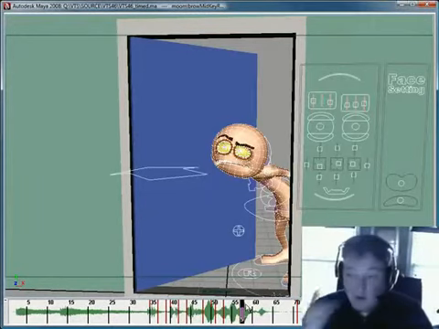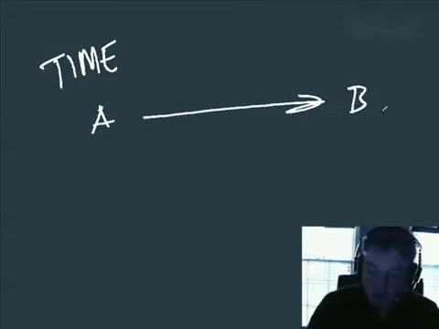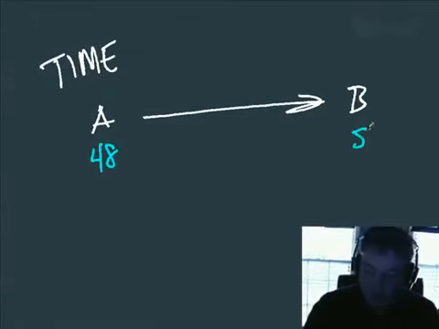And that's important to remember, because, let's do this where we can see it. Your timing is getting from A to B in whatever time it takes. So this was from 48 to 57.